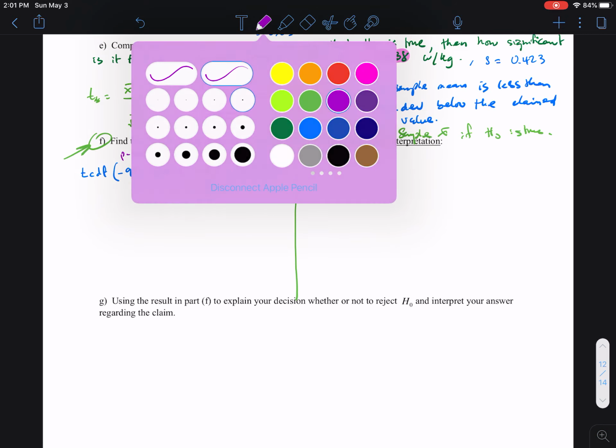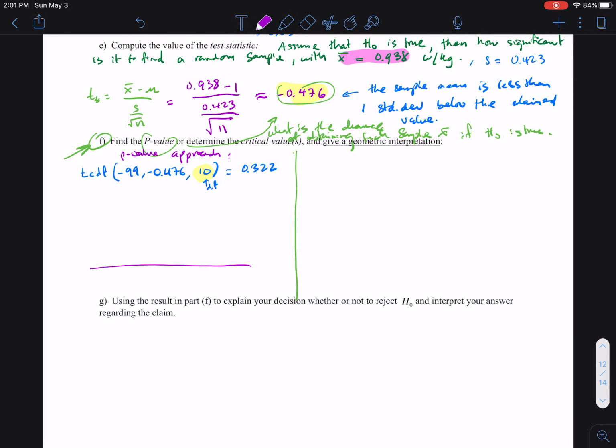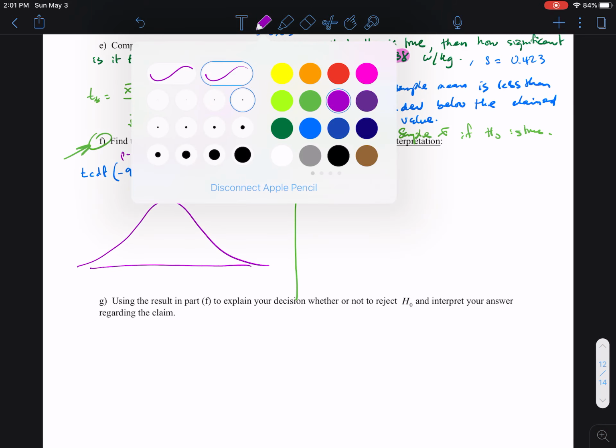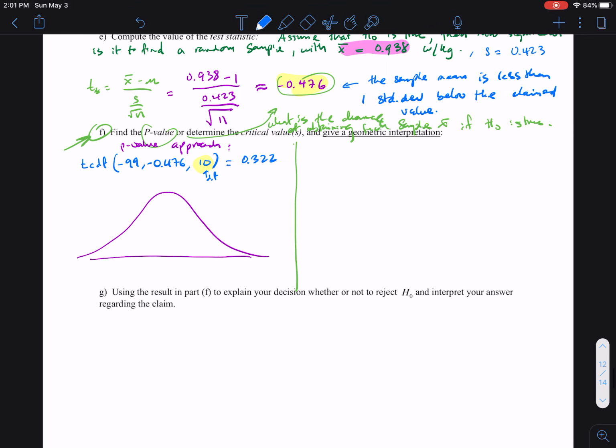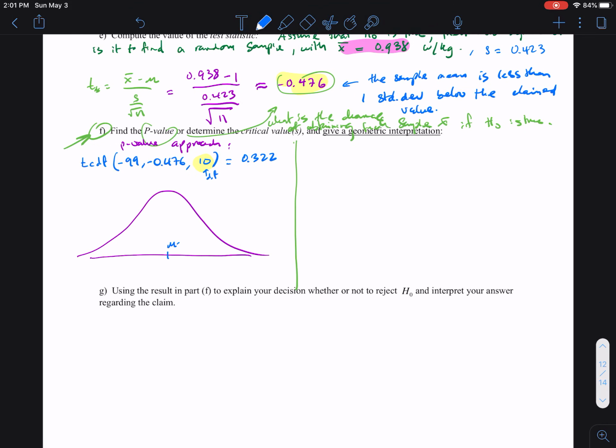And when we do the geometric interpretation, we draw the bell-shaped curve, this t-distribution here. Then we label the mean, which is the claim value, right in the middle. And then we say the test statistic is here, negative 0.476. And we ask, what is the chance of obtaining such a sample mean?